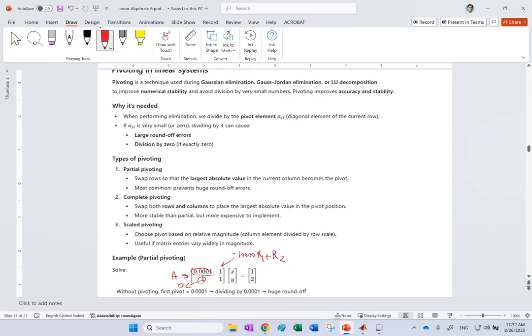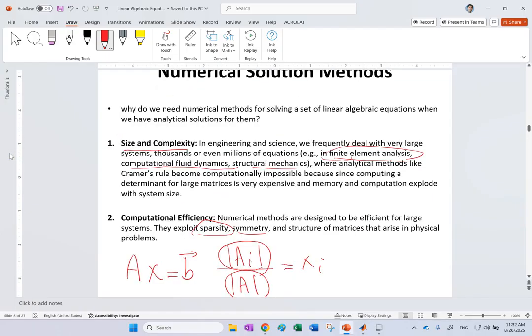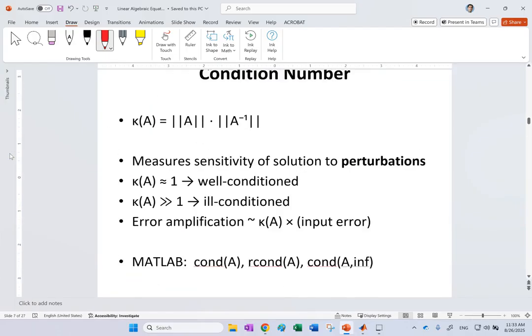Now here, because I'm multiplying my numbers by this big ratio, there is a chance of losing my numerical accuracy because of the round-off errors, and the solution is not going to be as accurate. Another way you can look at it is, if you watch my videos under the same playlist, Engineering Mathematics, there is this number called the condition number.